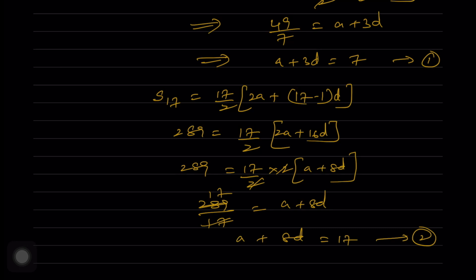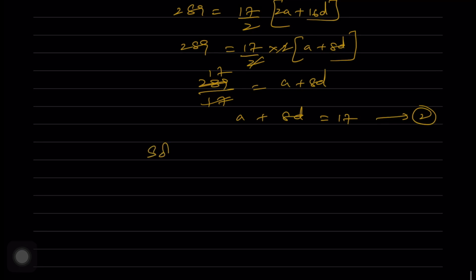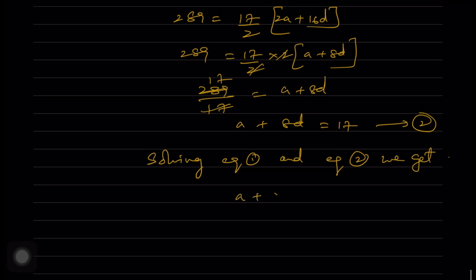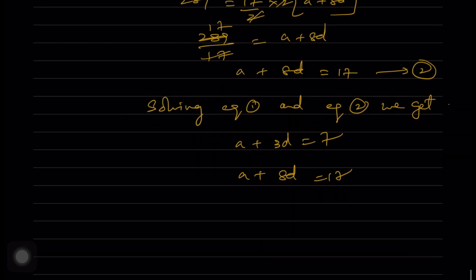Now we will solve equation 1 and equation 2. We get a plus 3d is equal to 7 as the first one, and a plus 8d is equal to 17 as the second one. Now you subtract both of them, and the a cancels. 3d minus 8d is minus 5d equal to minus 10.